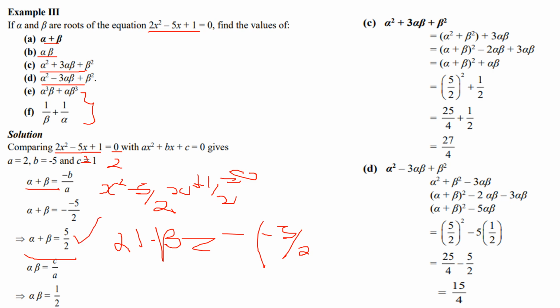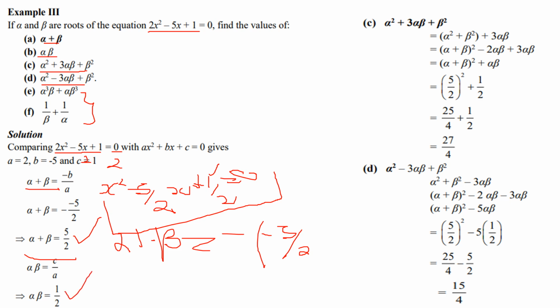And then the product is always that value without any attachment to x, which in this case, after making the coefficient of x squared positive 1, you're going to remain with a half. So our product of roots is equal to a half. So that was part A and part B.